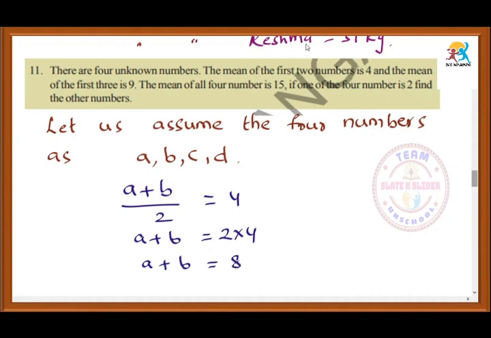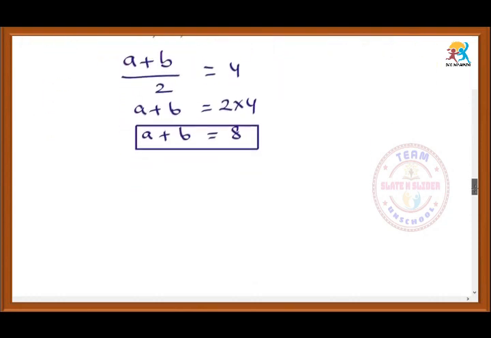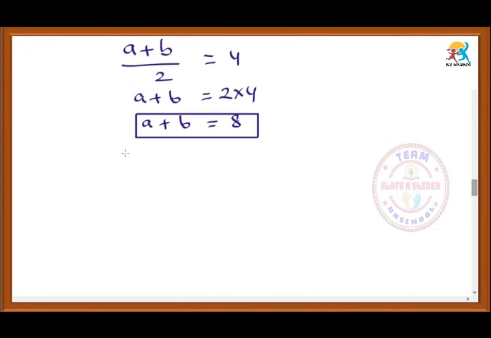Keep this in a box. Next, take one more: the mean of the first 3 is 9. So (A plus B plus C) by 3 is equal to 9, because the mean of 3 numbers is 9.